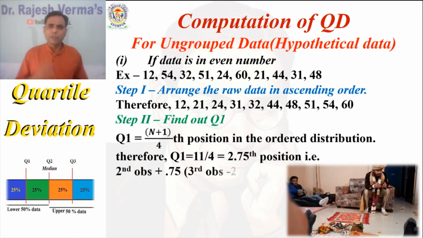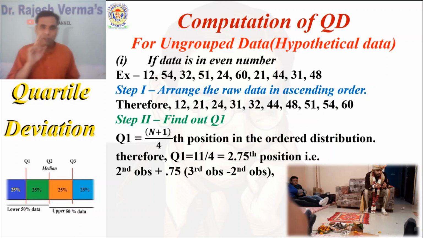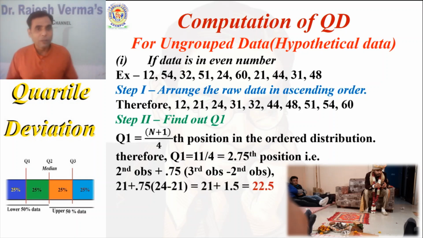So how to find the value at the 2.75th position in the ordered data set? It's very simple. First you go to the second observation, which you know is 21. So 21 plus 0.75, because it is the 2.75th position. You take the third observation, 24, minus the second observation, 21, and multiply that difference by 0.75.